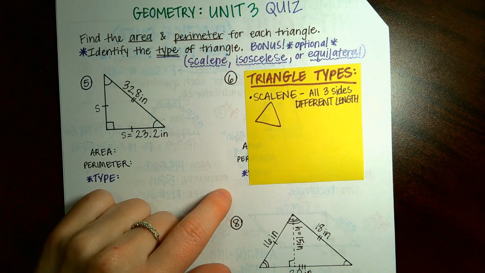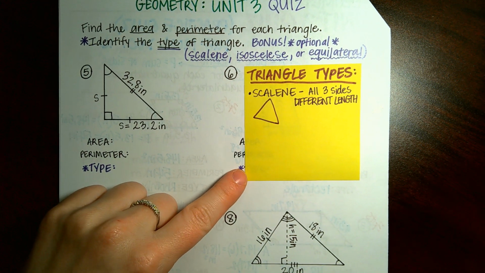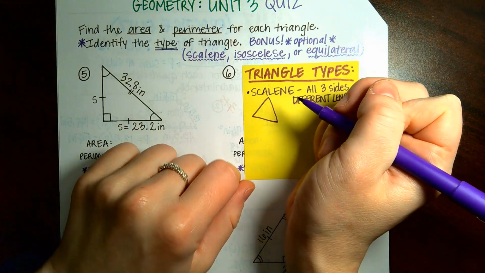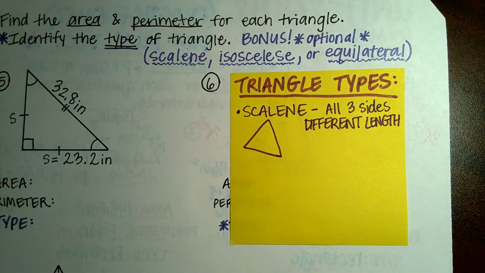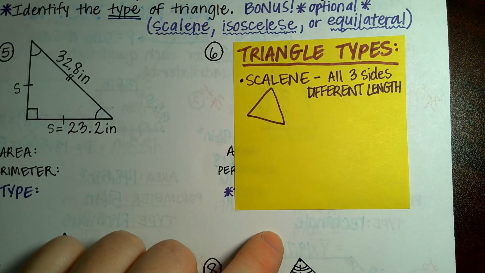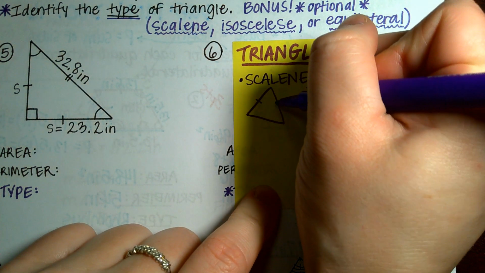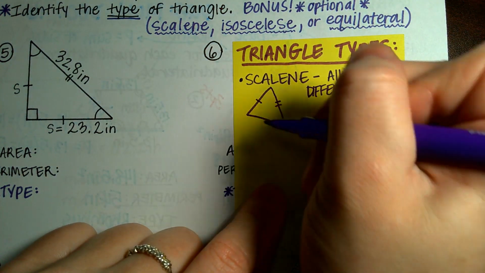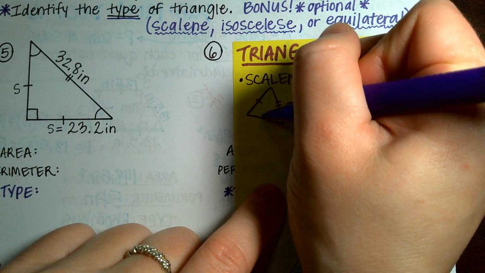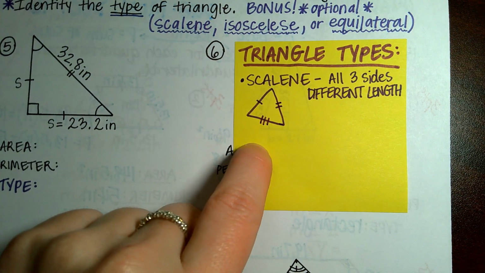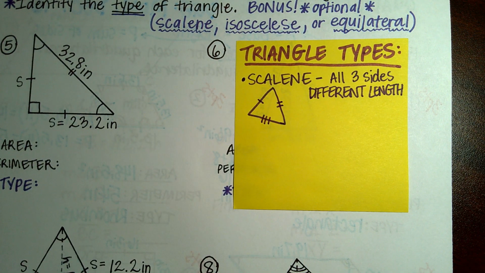That actually looks pretty equilateral to me. It would be shown with dash marks like this. You'll have 1 dash on one side, 2 dashes on another side, and then 3 dashes on the third side to show that all the lengths are different.